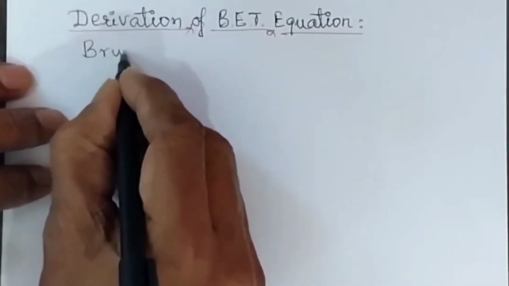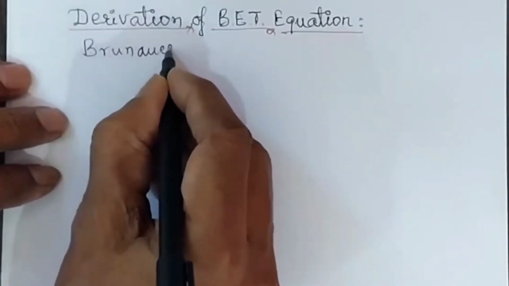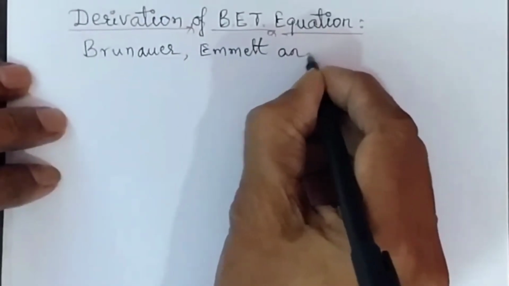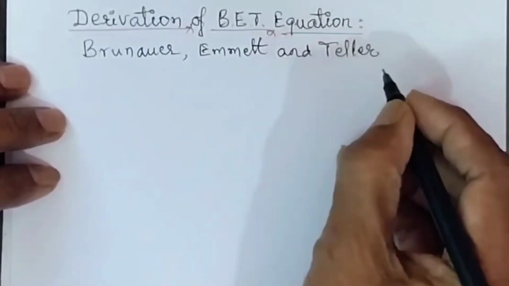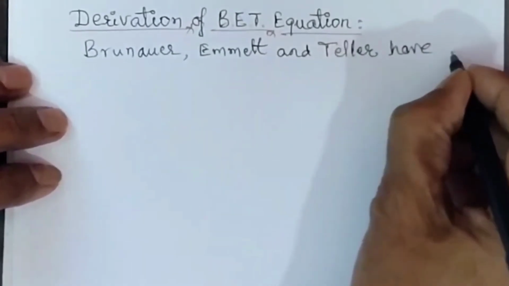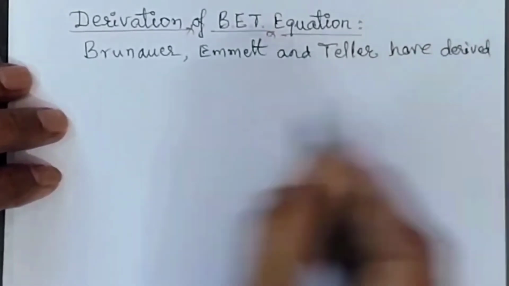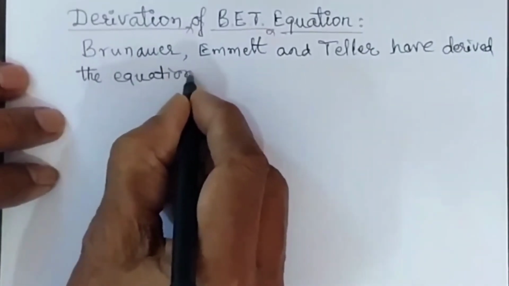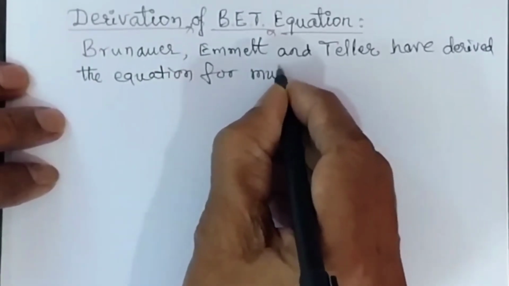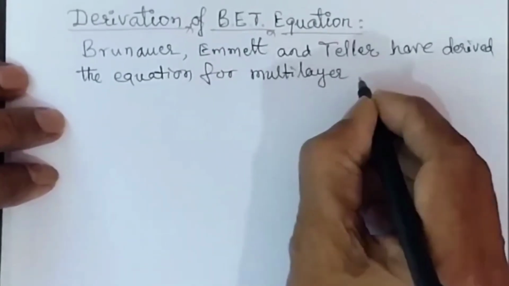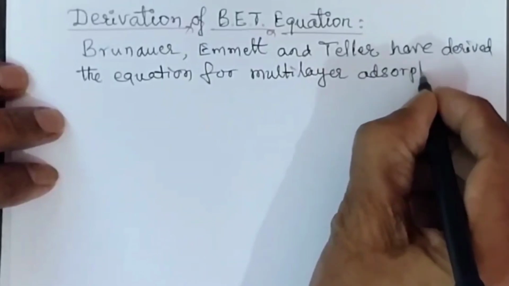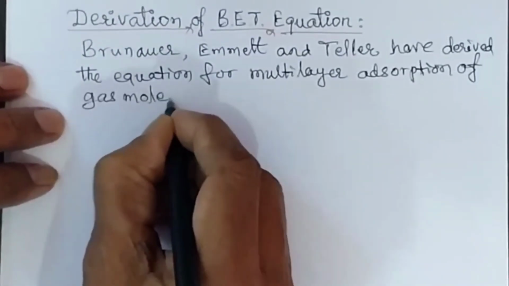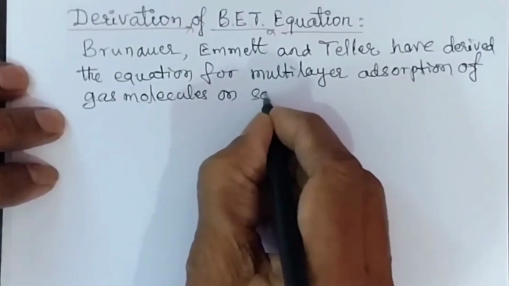Brunauer, Emmett, and Teller have derived the equation for multilayer adsorption of gas molecules on solid surface.